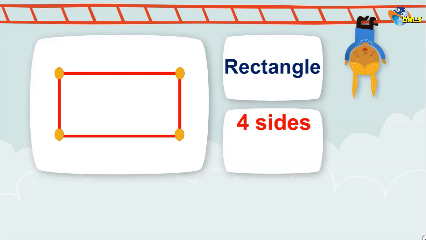It has 4 sides and 4 corners. What do you notice about the sides in any rectangle? The sides on the left and right are the same size. The sides on the top and bottom have the same size. So opposite sides are equal in length.